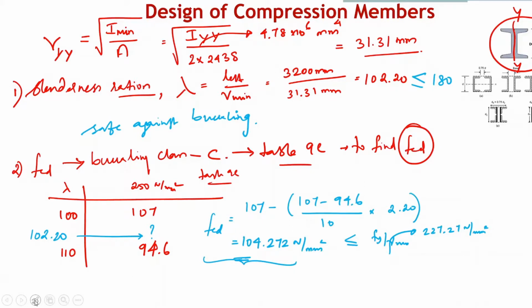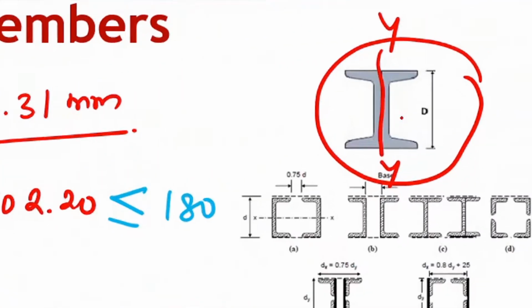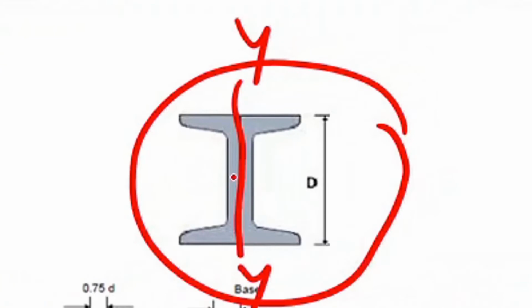Now third, we need to calculate the strength of the selected section, which is equal to area into design compressive stress. Area of section is 2438. We have two channel sections which combined together act as a single column.